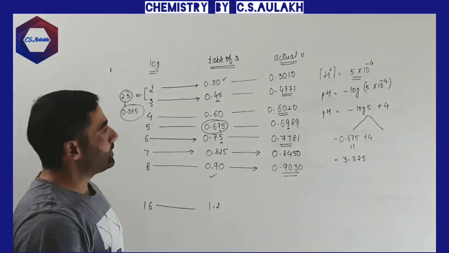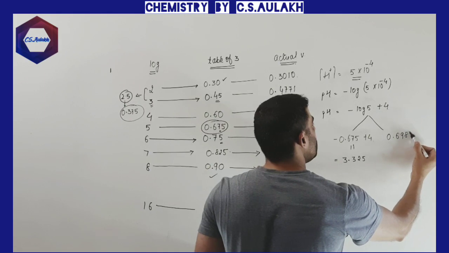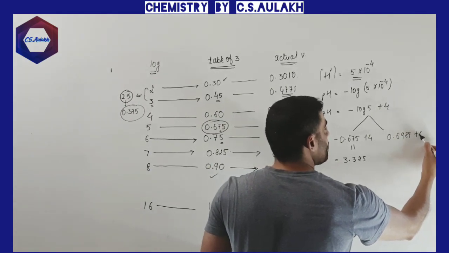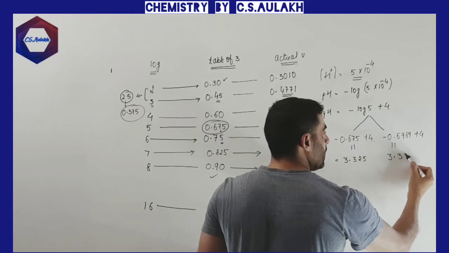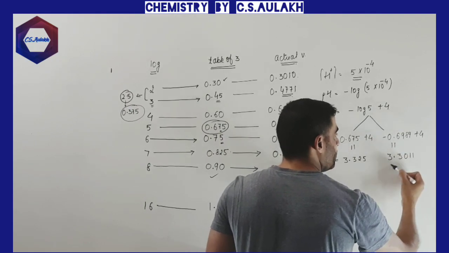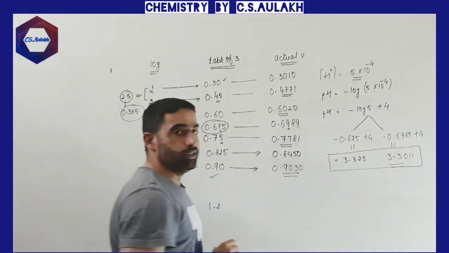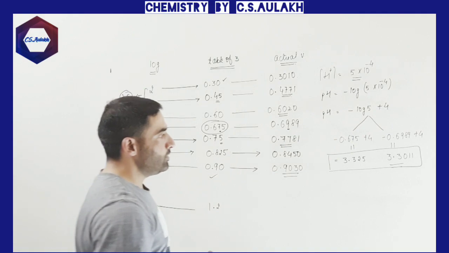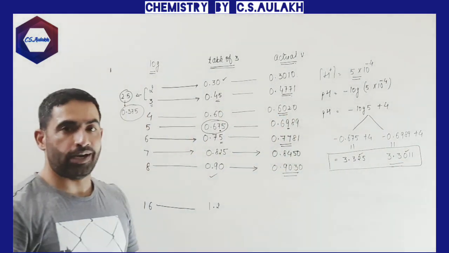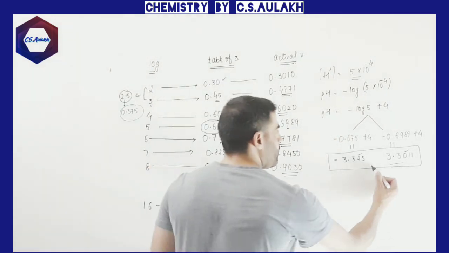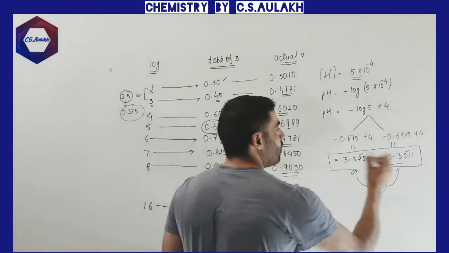Similarly, if we are using the exact value on the other side, its value is 0.6989, so minus it plus 4, the answer here will be 3.3011. Again, if we compare these two answers, what's the difference? The difference is over the second decimal place, which can be neglected. So the actual answer is, we can say the answer of the pH is 3.3 in both the cases if we look over these two.